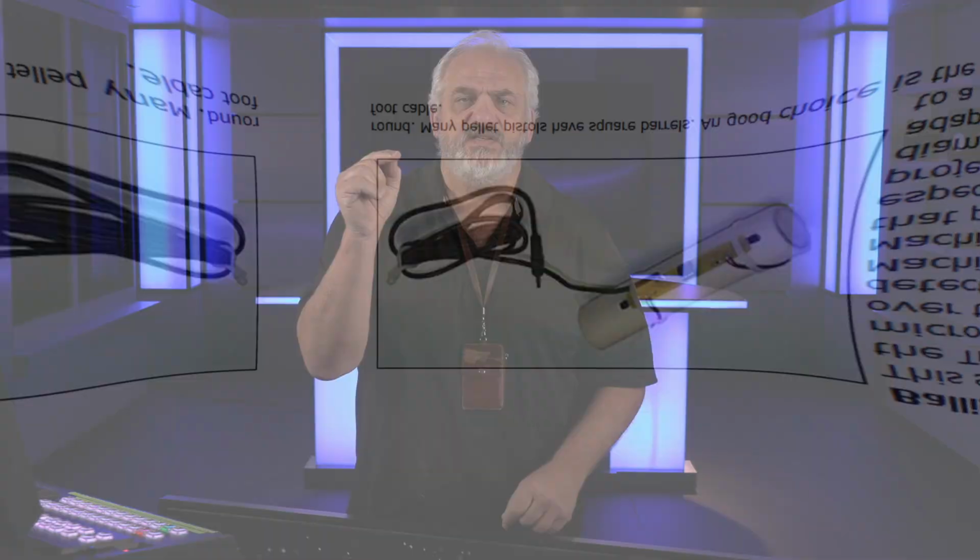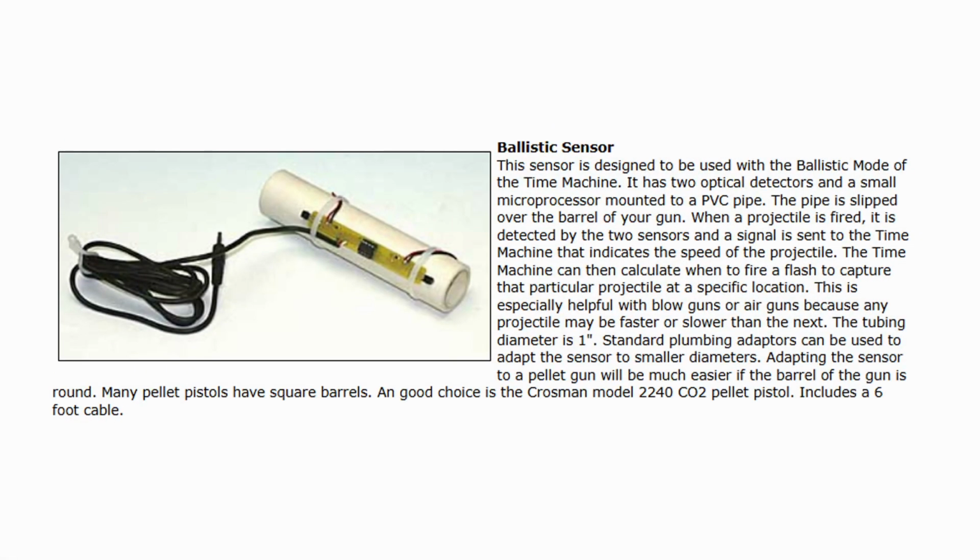So the next thing you might be asking is, how did we know when to fire the lights? And that we use triggers. Now, we here in the studio have a lot of different triggers. In this case, we did not use a vibration trigger or a sound trigger because it wasn't a real gun. It was a pellet gun. We didn't have enough sound in order to try to build a timeline based on the sound. In this case, we actually used a device that had 2 little light optics that would sense the projectile going over those 2 lights.